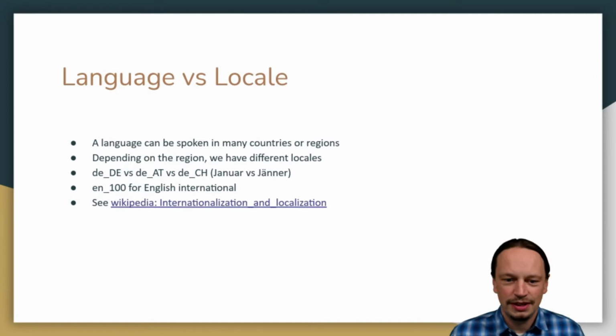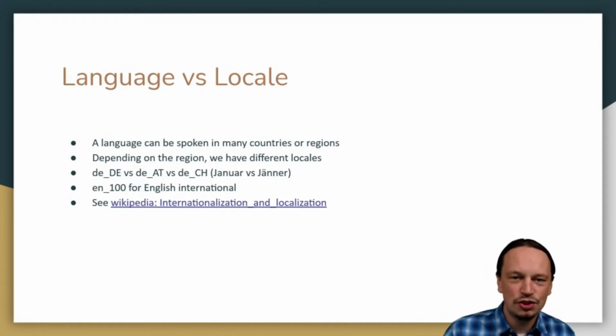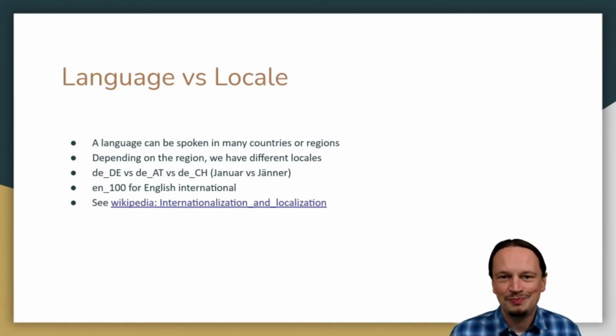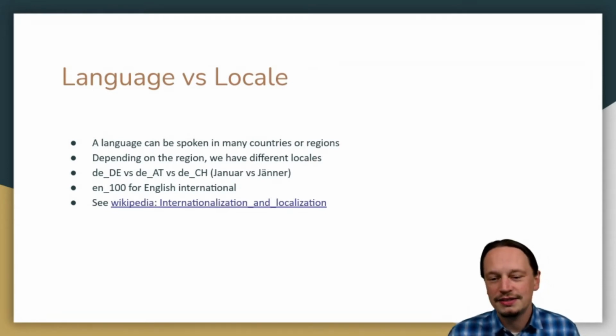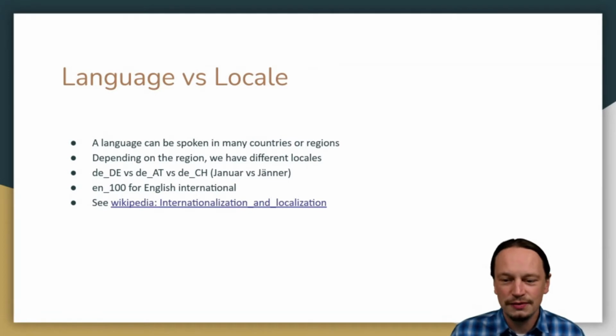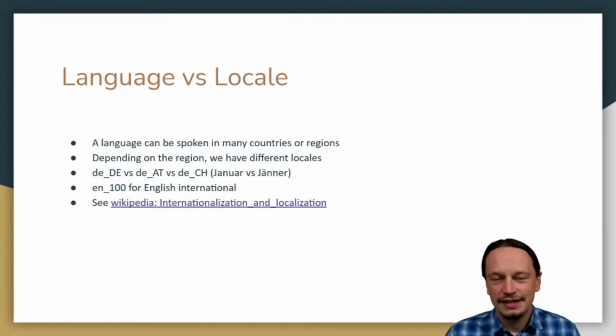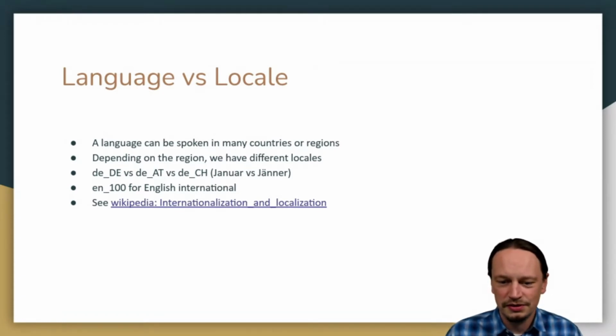And yeah, now we are here. What's a language? What's a locale? A language is that what we all speak, but depending on the region where we live, we have different locales. So where I come from Germany, we speak a little bit different kind of German than where I live now in Austria. And that's also the system with the locales on the computer.